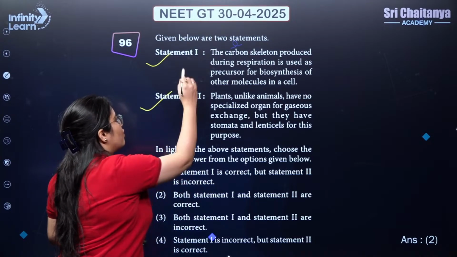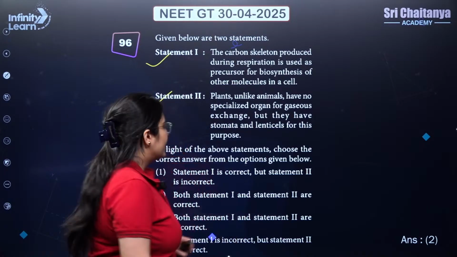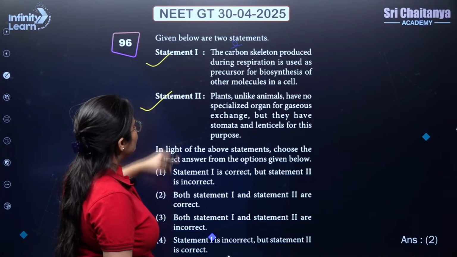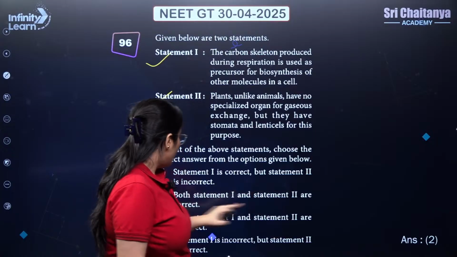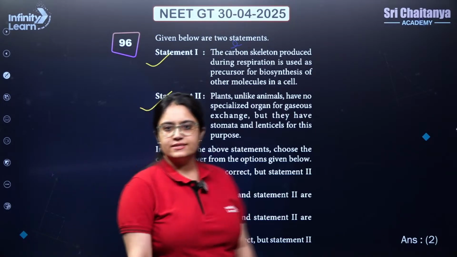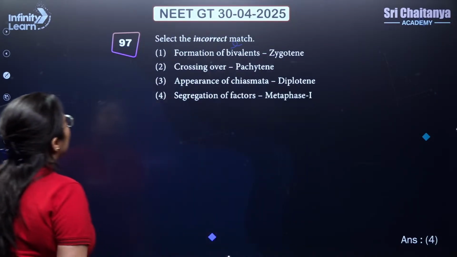This is also from your NCERT and absolutely correct. So both statement 1 and statement 2 are correct. So 2 should be your right answer. Okay guys, come on, next question.